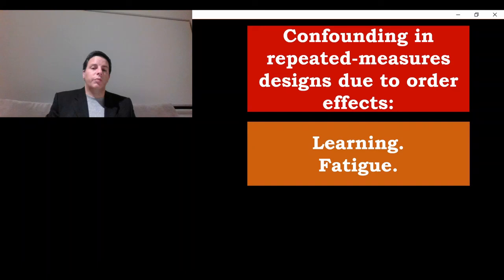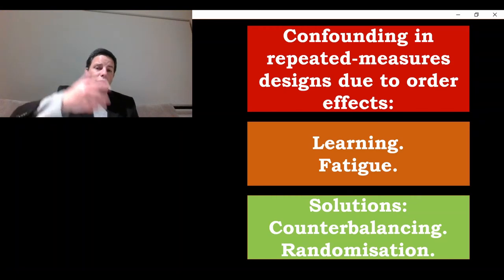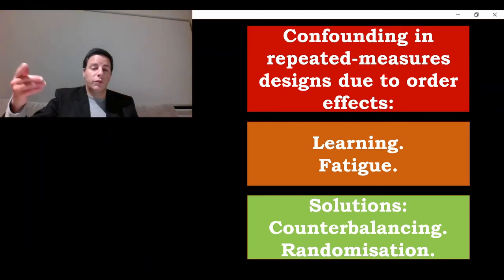So how do we solve this problem? We solve the problem in two ways. One is called counterbalancing and the other one randomization. Counterbalancing is simple. We ask half of the participants to go through, let's say, condition A first and condition B second.